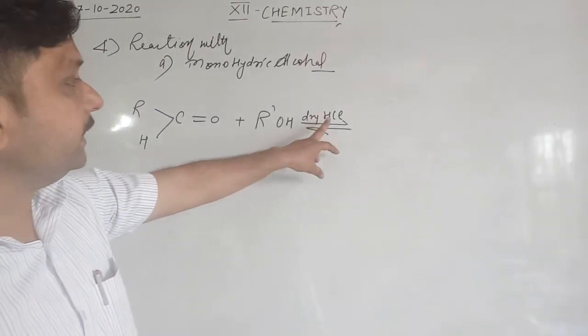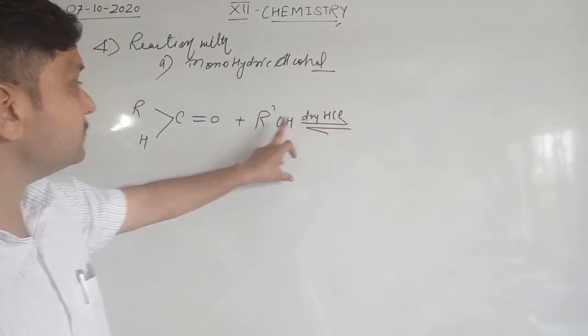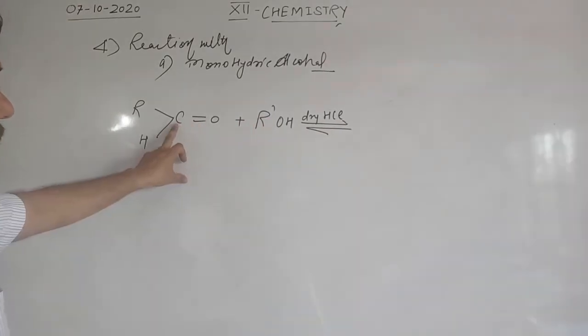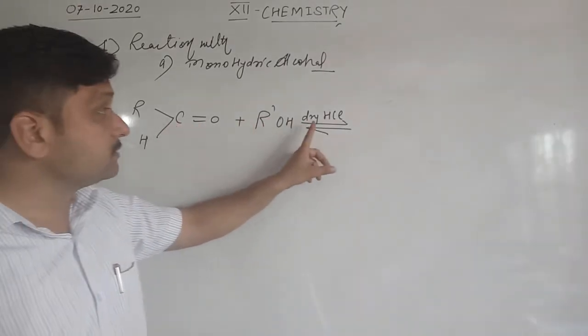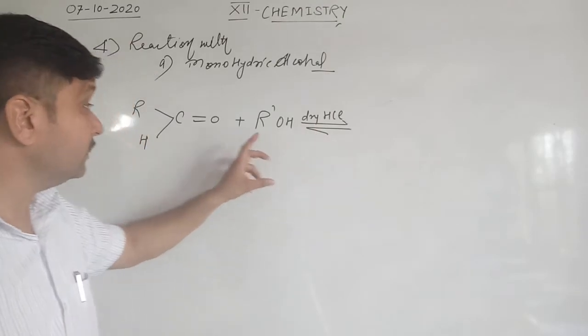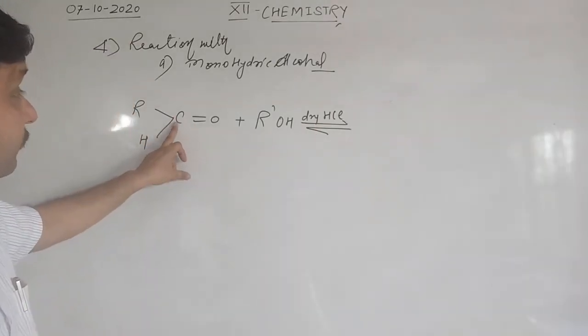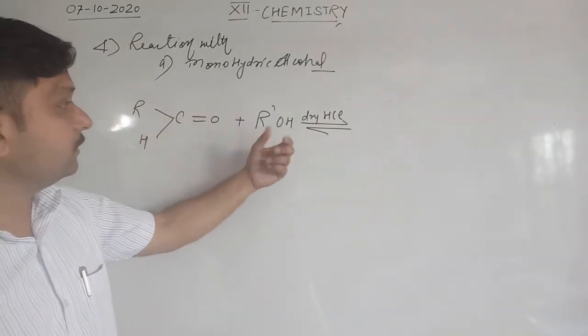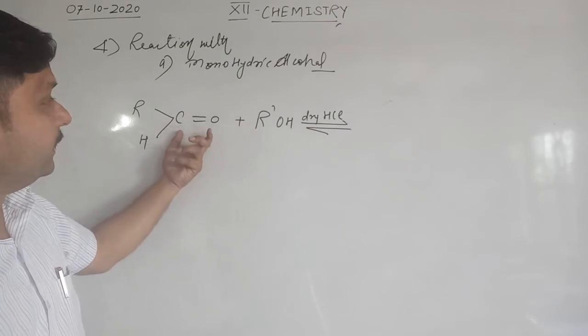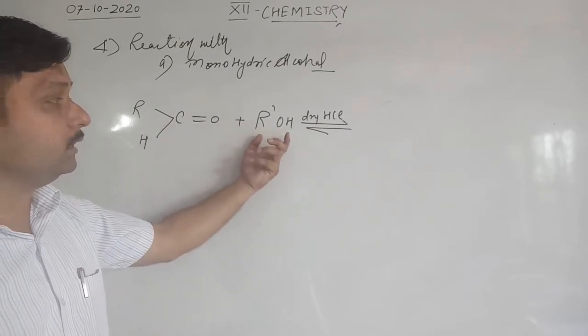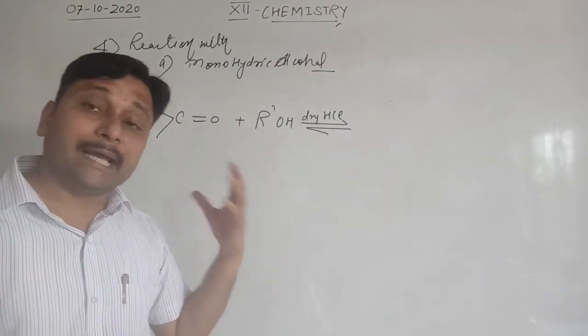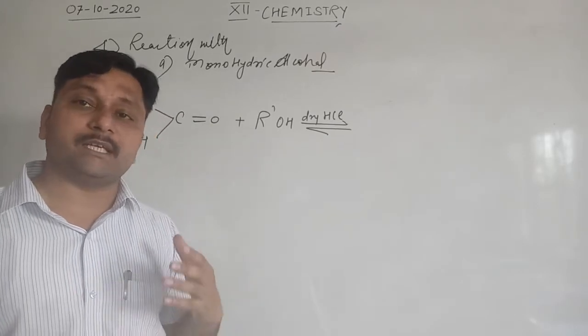Actually, this dry HCl facilitates the electrophilicity of the carbonyl carbon, because when this carbonyl reacts with alcohol, there is a low rate, or simply we can say there is a slow rate.